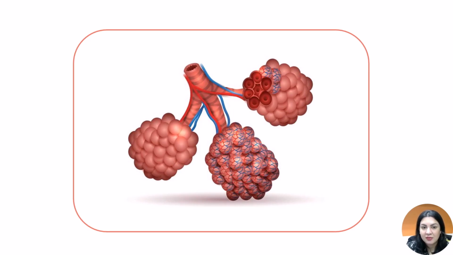The demands of the respiratory system require that there be many, many alveoli, so that by the time of birth, there are millions of alveoli present, and this maturation and proliferation of the alveoli is primarily what occurs during the alveolar stage.